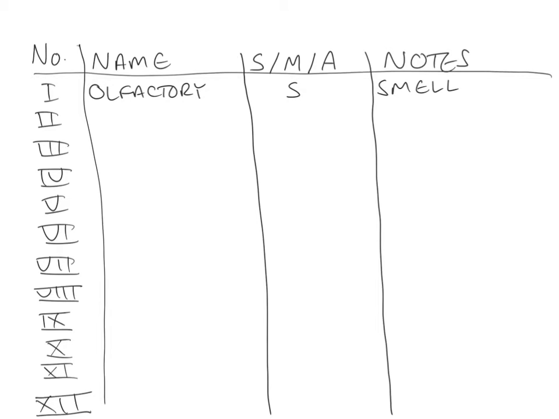The second cranial nerve is the optic nerve, and this, as the name implies, optic, optician, optical, is the nerve responsible for the sense of sight or vision.